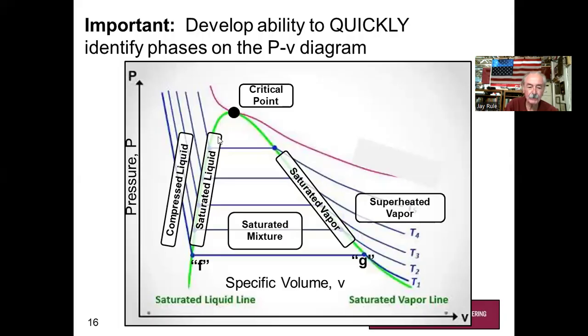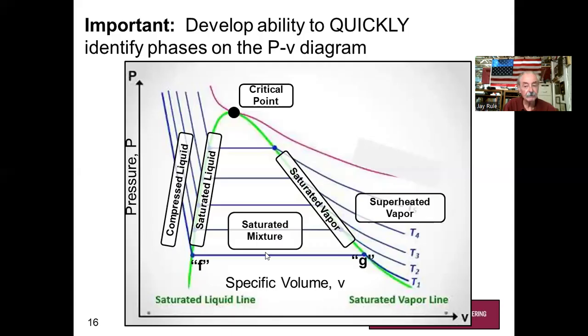All right, so if your P and V lies anywhere below the critical point, you need to train yourself to be able to say, I know what phase I'm at depending on where I am relative to the vapor dome.